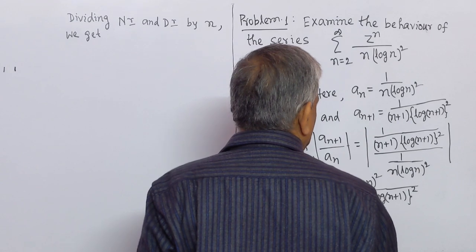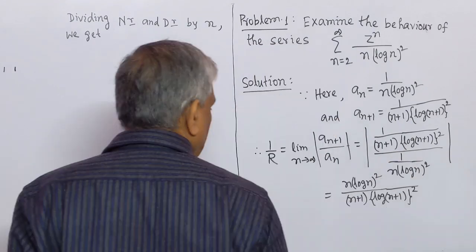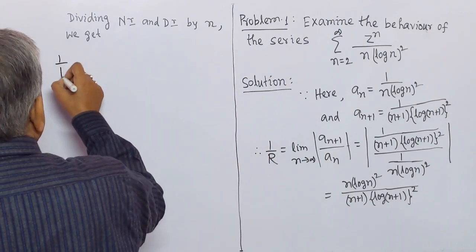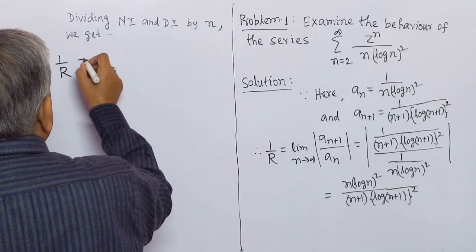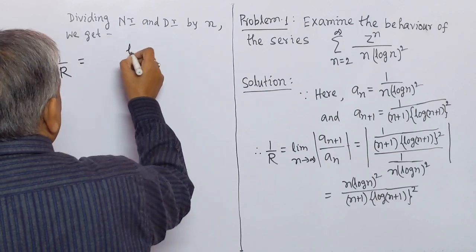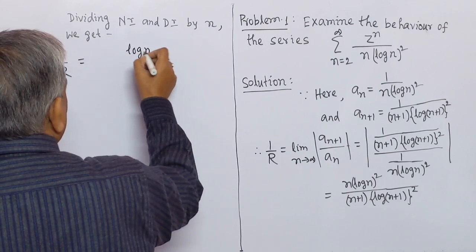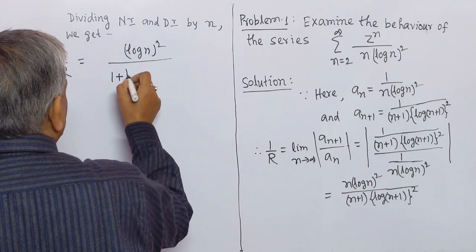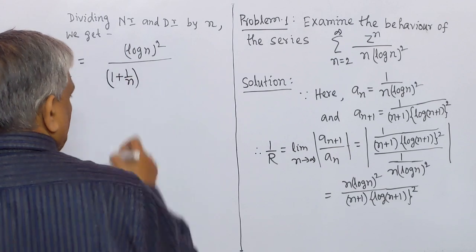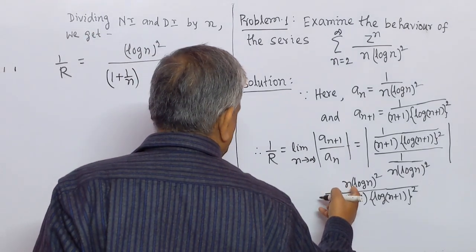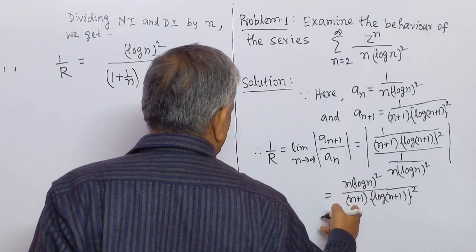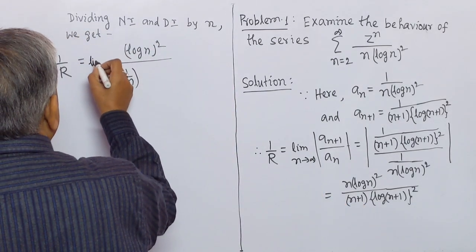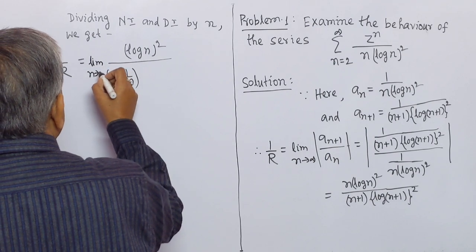In this step no need to use modulus, all are non-negative terms. 1 by r equal to (log n) whole square by 1 plus 1 by n. If we divide this by n, here 1, here 1 plus 1 by n, limit n tends to infinity.